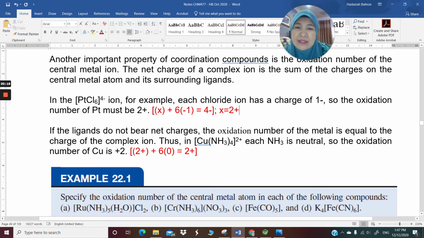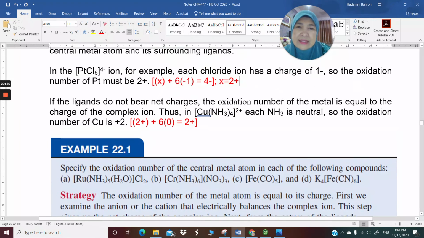So similarly, in the next example, if the ligands do not bear any charge, the oxidation number of the metal is equal to the charge of the complex ion. So in Cu(NH3)4 2 plus, this is copper with 4 ammonia 2 plus. Each of the ammonia is neutral, so the oxidation number of copper is 2. How is that? We can try to determine.